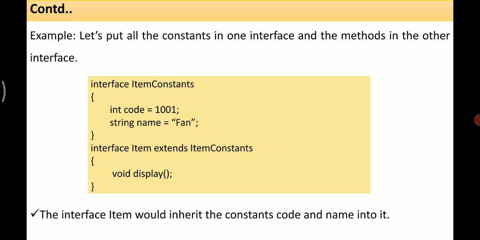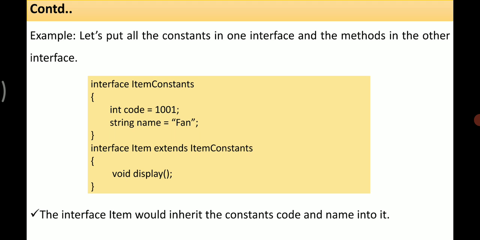Let's see an example. Here all the constants are in one interface and the methods are in the other interface. So we have two interfaces in this example. We have interface ItemConstants, which is the name of the interface. Then opening braces.